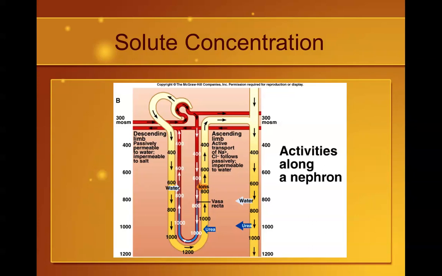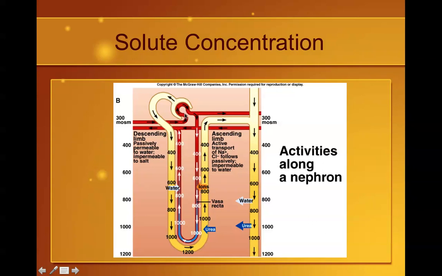So now that we've got the different structures of the nephron down, let's see what's being reabsorbed here. So this is a diagram where the lighter yellow color signifies that you have a lot of water, okay, and very little solute. The darker the yellow in color means the higher the solute concentration and the lower the water concentration.